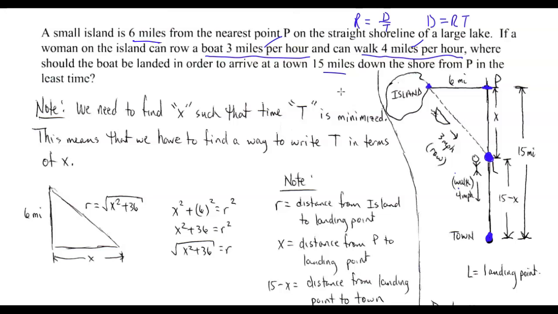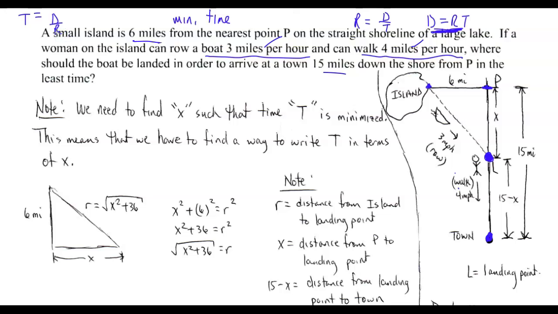And so we want her to get there in the least amount of time. So the thing is we want to minimize time. In terms of distance equals rate times time, time is distance divided by rate.